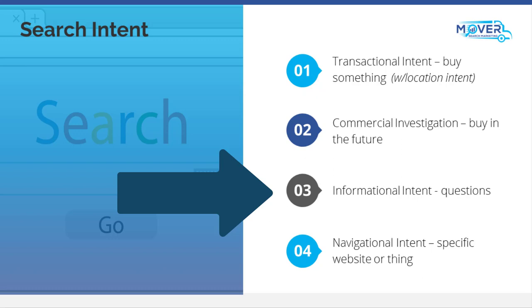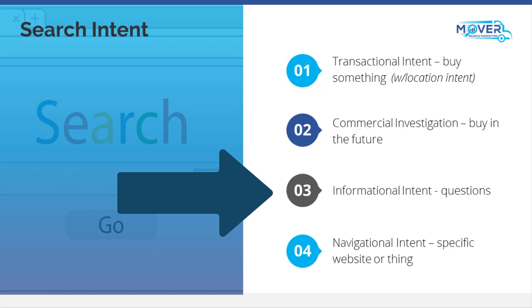It could be the answer to a question or something that requires a more in-depth answer that can only be properly handled in an article. Most movers skip over keywords in this intent category, but they are making a huge mistake, and let me tell you why. As movers, we know that people have to do many things in advance of moving, in some cases months in advance.